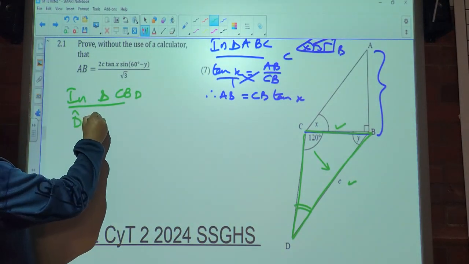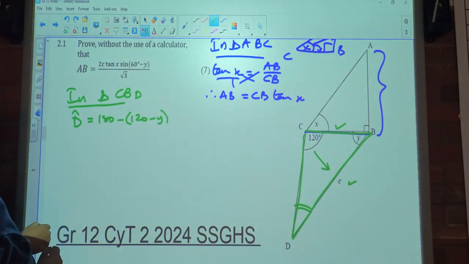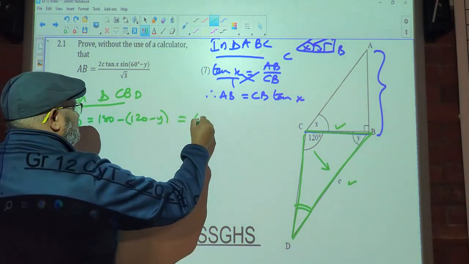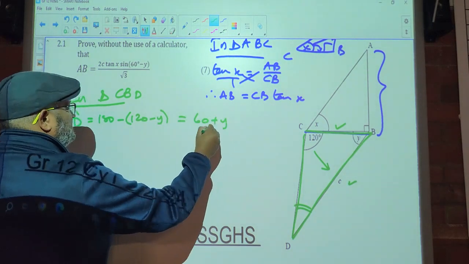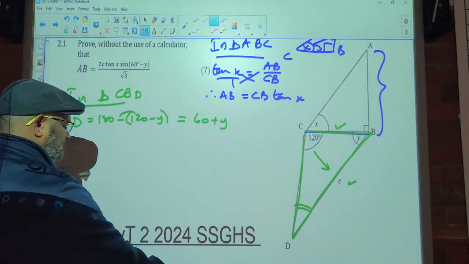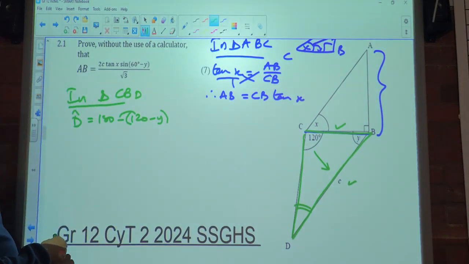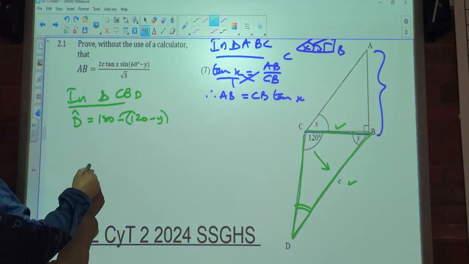Angle D is going to be the sum of angles in a triangle, which is 180 minus 120 minus y, so that would simply be 60 plus y. We're going to leave it like that until I take it to sine.